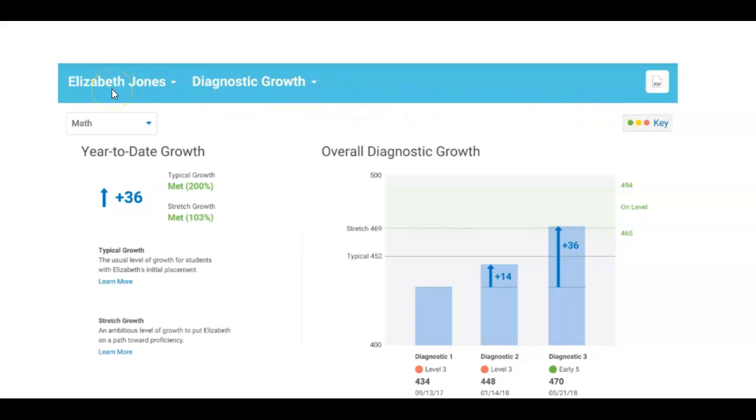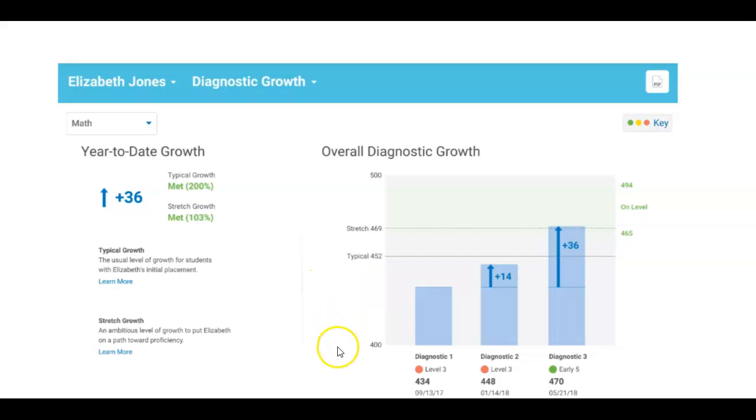When we look at Elizabeth Jones' report, we are seeing her overall diagnostic growth for an entire school year. At the beginning of the school year, our students took Diagnostic 1. Depending on what level your child enters in math on the first diagnostic helps determine what the typical growth expected of your child is.